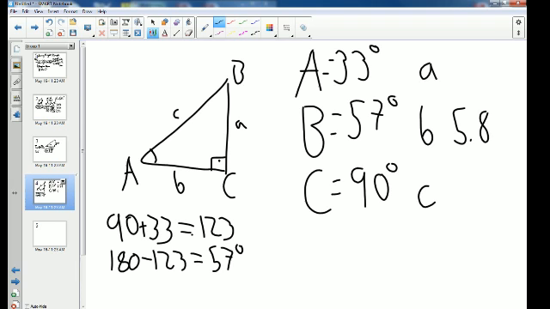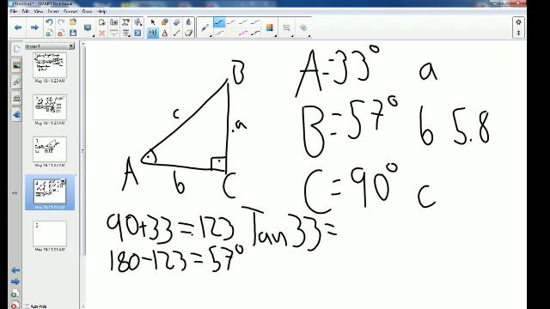And we'll just try and find A. So to find A, we will do tan of the angle A. So tan 33 equals A over 5.8, because that's B. Tan is opposite over adjacent.